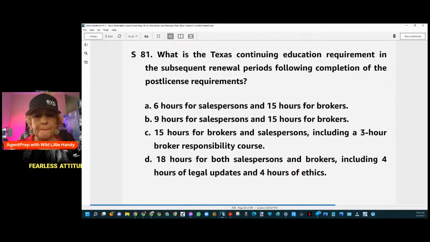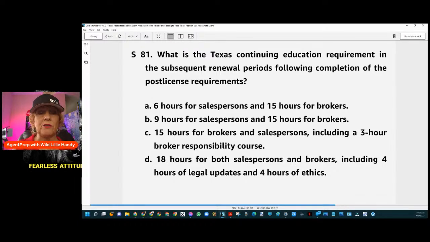Okay, 81. What is the Texas Continuing Education CE requirement in the subsequent renewal period following completion of the post-license requirement? A, 6 hours of salesperson and 15 hours for broker. B, 9 hours for salesperson, 15 hours for brokers. C, 15 hours for brokers and salesperson, including a 3-hour broker responsibility course.